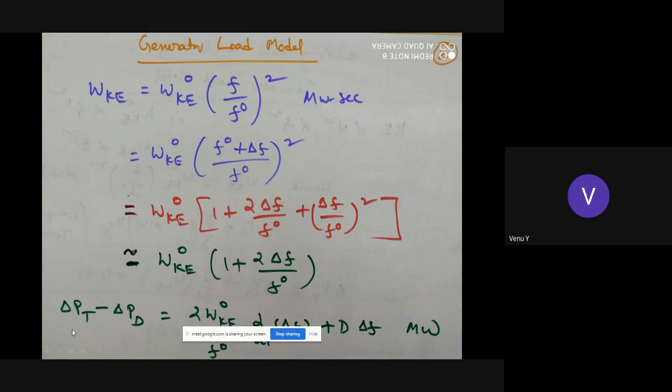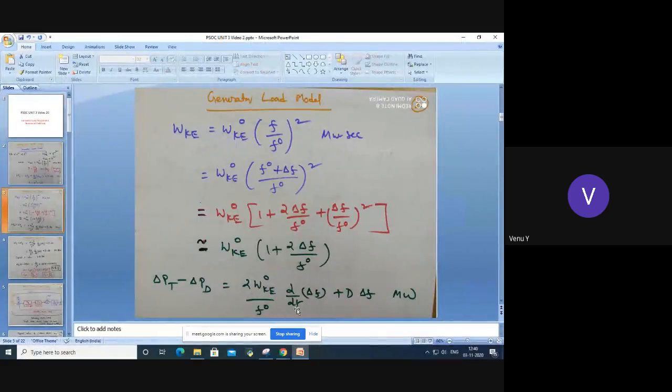Hence delta PT minus delta PD equals 2 into Wke naught by f naught into d by dt of delta f plus D into delta f megawatts. This is the equation. This term is related to the change in kinetic energy of the machine, and this term is related to the damping factor of the load.